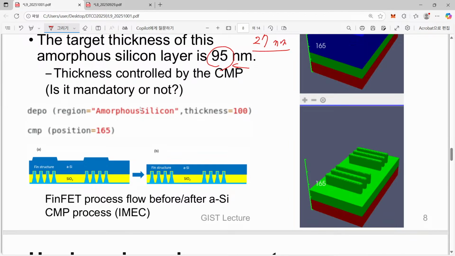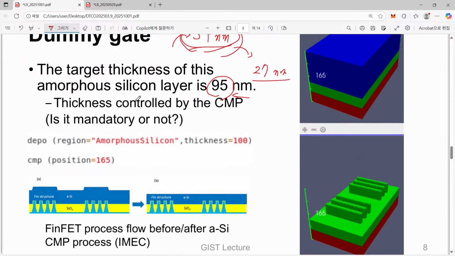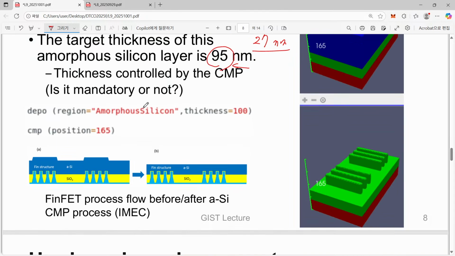Of course, the known range is around 80 to 100. So this is the known thickness of dummy gate, but is it exact? I have a little doubt. And another thing is I'm assuming that we are doing CMP after this dummy gate deposition.